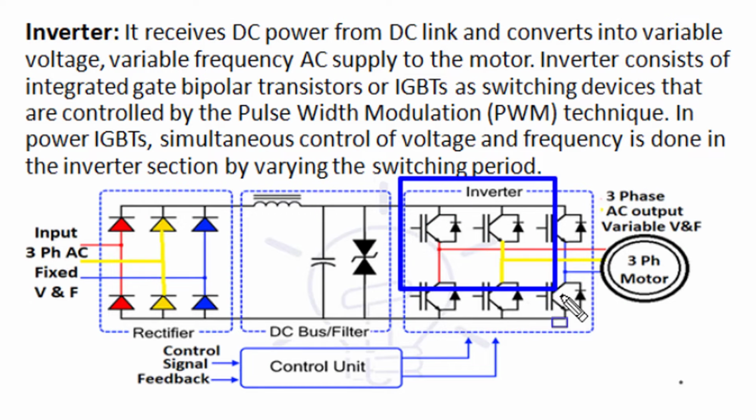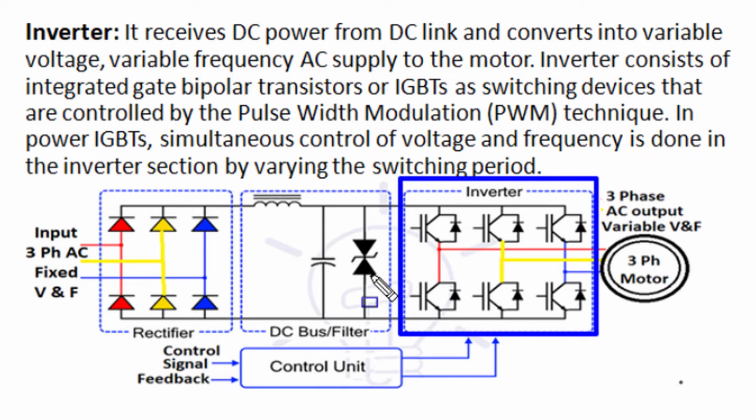Inverter is the most important part of a variable frequency drive, and it receives smooth regulated DC output from the DC link and converts that into a variable voltage and variable frequency three-phase AC output supply, which is used to control the speed of a three-phase induction motor.